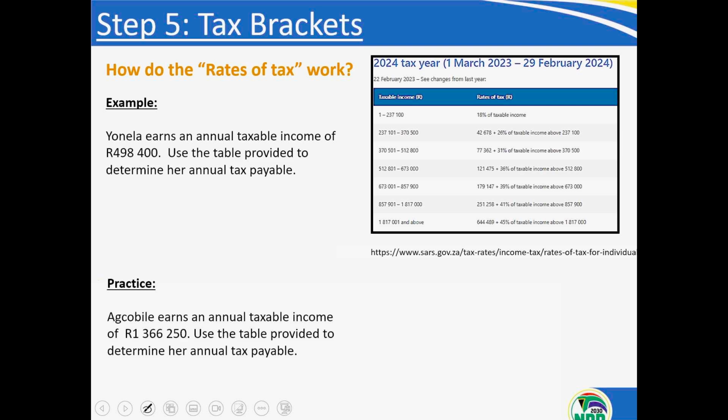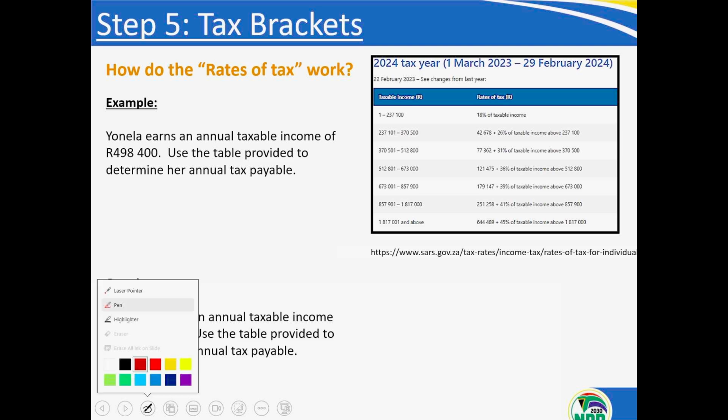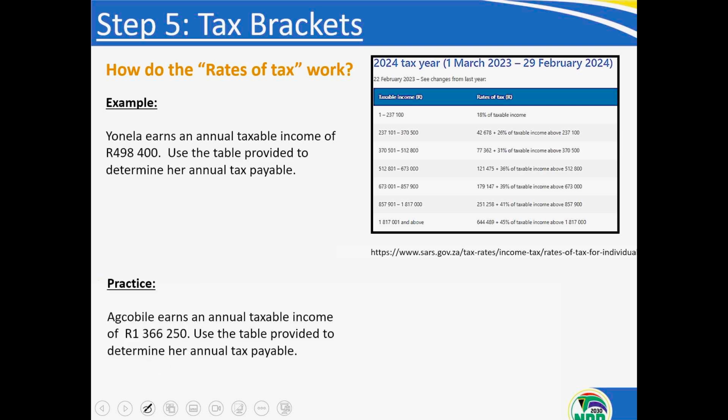Please note, we are calculating her annual tax payable before any rebates and medical aid credits. So, let's start by identifying the important information in our questions. We've been given the annual taxable income, so we do not need to calculate her annual gross income or her annual pension contribution. That's been done for us.